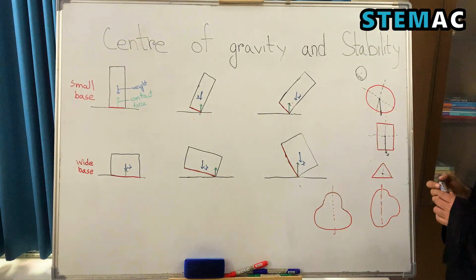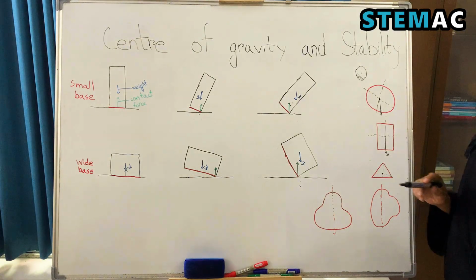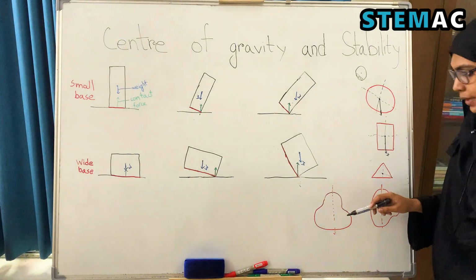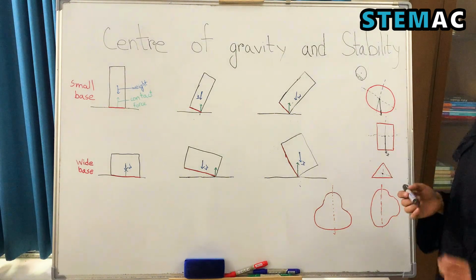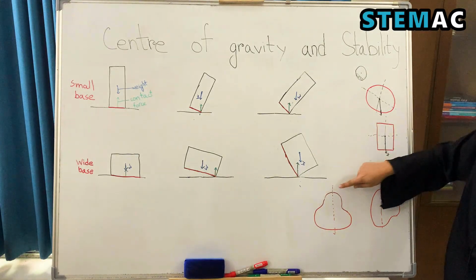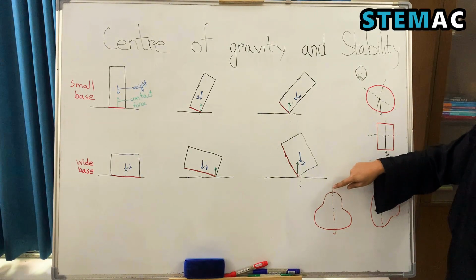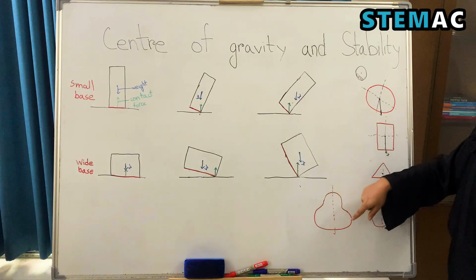But a problem might arise if the object is irregularly shaped like this one here. So for that, we need to suspend the object using a string. We can attach a string to this object here.